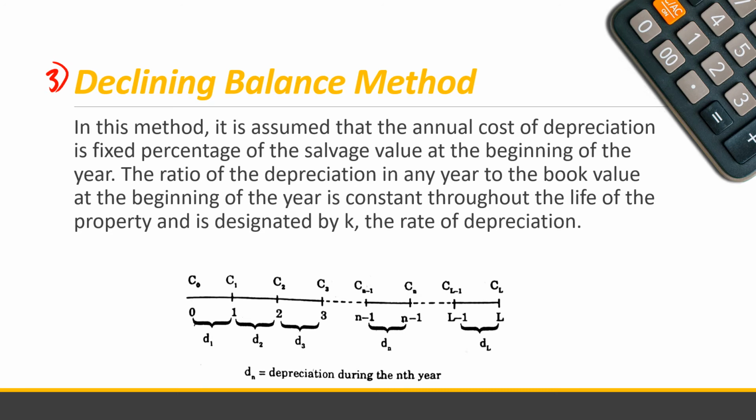So the ratio of the depreciation in any year to the book value at the beginning of the year is constant throughout the life of the property and is designated as K. So iba-iba yung depreciation niya per year, depende dun sa current value niya on that year. So, meron tayong D1, D2, D3, Dn hanggang D depreciation at the end of its life.